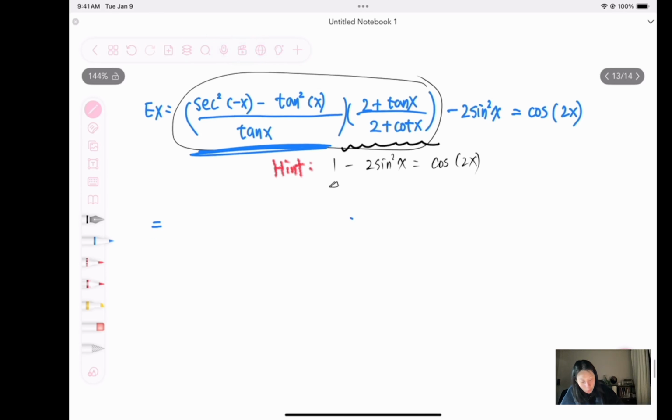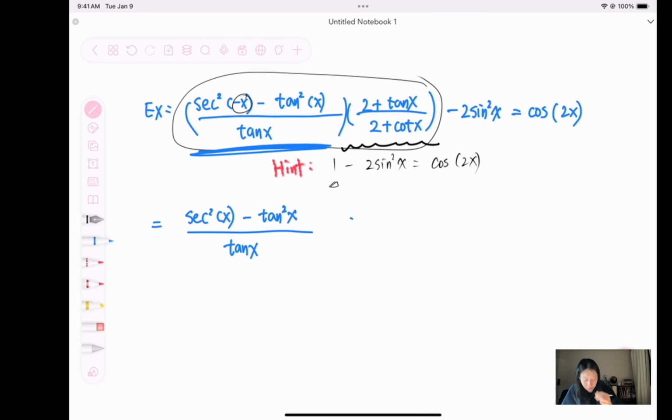So for the blue part, I have a secant square. If you see the square, the first thing is you think about odd and even. Secant is 1 over cosine. Cosine is even, so that means secant is going to be even. So I have secant square minus tangent square over tangent square.